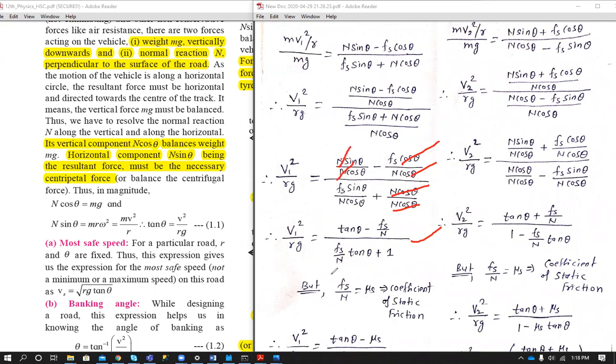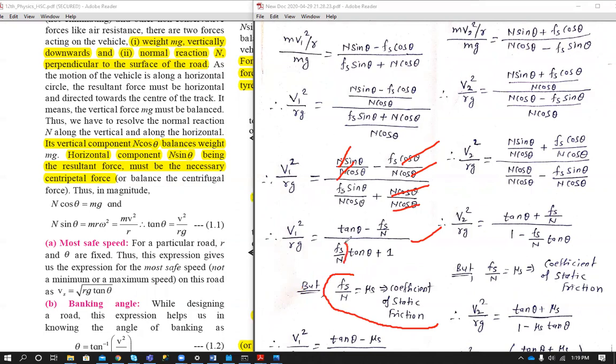And this frictional force upon normal reaction force: frictional force F is equal to what? Mu n. Frictional force is proportional to the normal reaction force. To avoid the proportionality sign, we take a constant, called the coefficient of friction. Here we consider the coefficient of static friction.